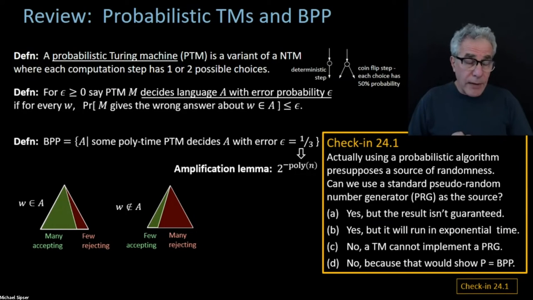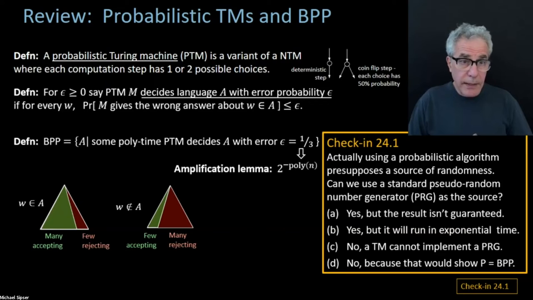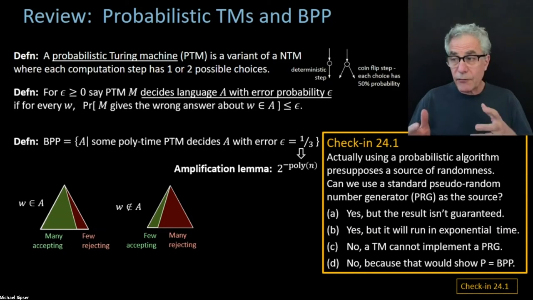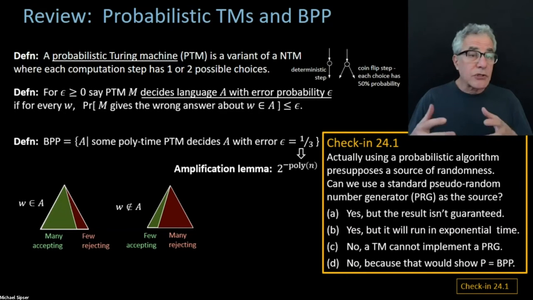A typical way that people implement randomness in an algorithm is to use a pseudo-random number generator, which is a procedure that might give you some kind of a value that looks random, but may not actually be random. It's, for example, giving you the digits of pi.